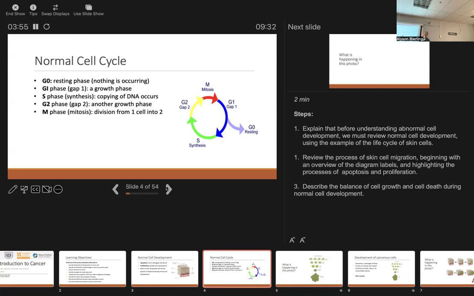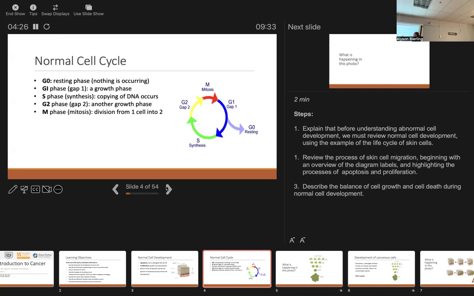The cells are just hanging out, resting. G1 is a growth phase. Synthesis, or S, is where the copying of DNA occurs, okay? And then G2 is another growth phase. And then M, mitosis, is finally where this one cell divides into two, okay?